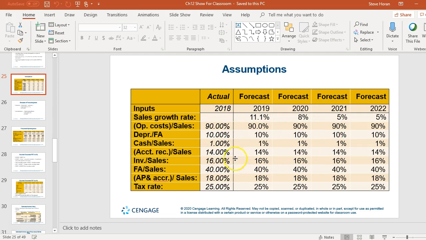So it'd be a matter of identifying which ratios could we easily affect and make better. Is there something I can do to reduce operating costs? That'd be something to ask. Is there something I can do to speed up collections on my receivables? Is there something I can do to be more efficient in my inventory management and not carry as much inventory, and so on? So that's what I want to be looking at.